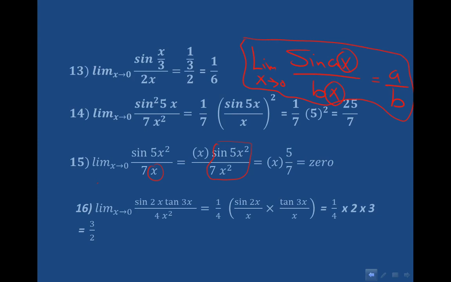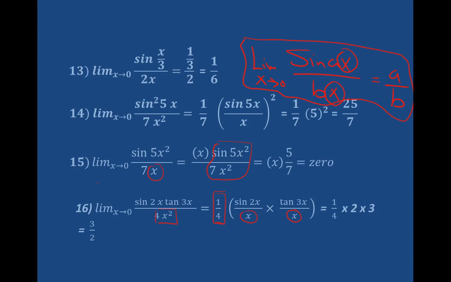I will separate this algebraic fraction. I write 1 over 4 multiplied by, remembering the rule sine ax over x, x squared can be written as x multiplied by x. Then I write 1 over 4 multiplied by sine 2x over x multiplied by tan 3x over x. Here the denominator is 4x times x, which is 4x squared.